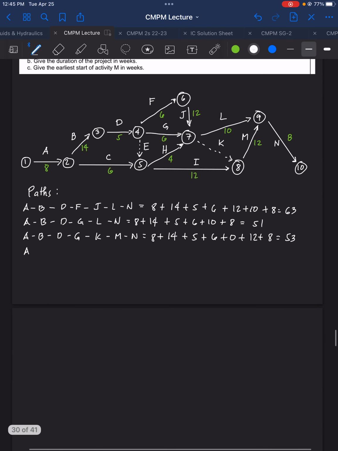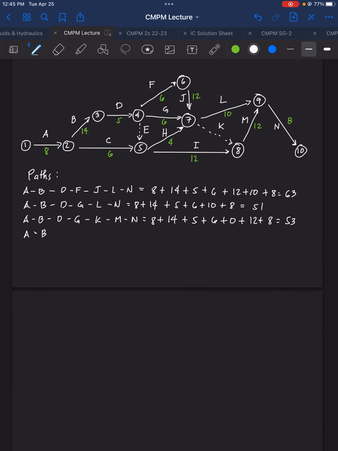A, B, D, F, J, K, M, N. That is equal to 8 plus 14 plus 5 plus 6 plus 12 plus 0 plus 12 plus 8. That is equal to 65 weeks.